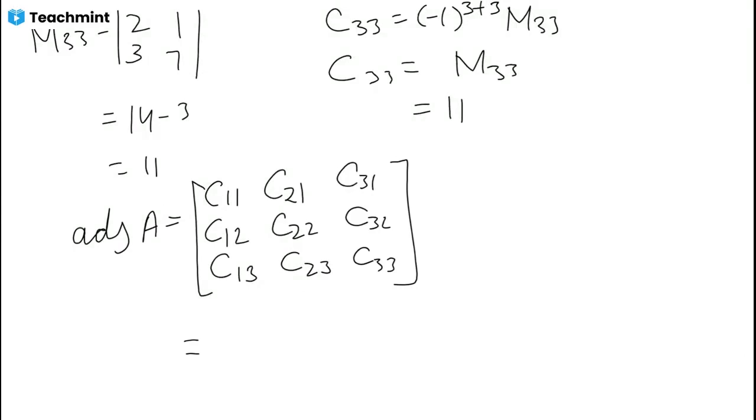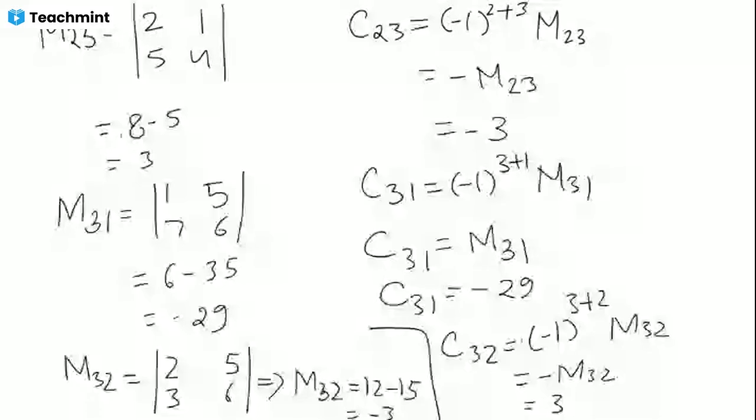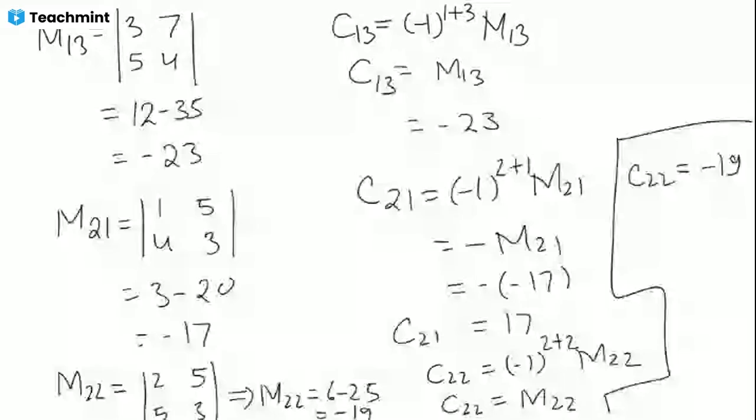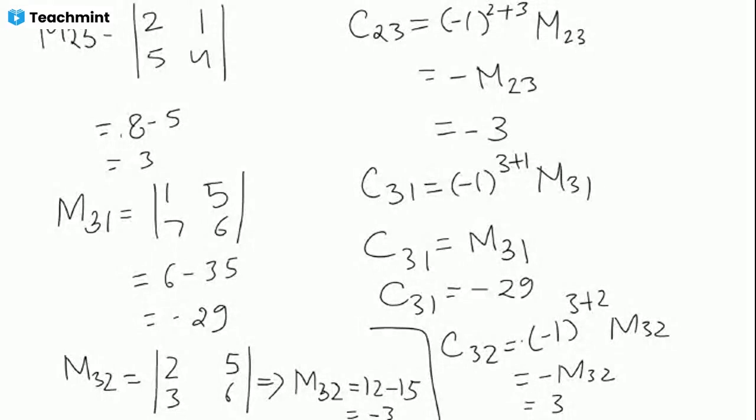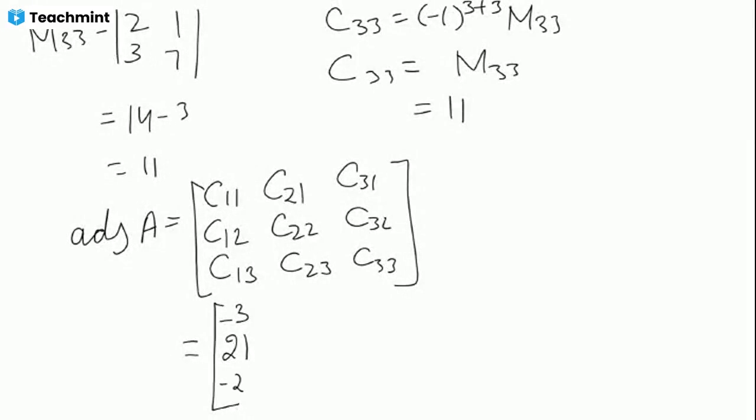Values of all of these cofactors: C11 is minus 3, C12 is 21, and C13 is minus 23.